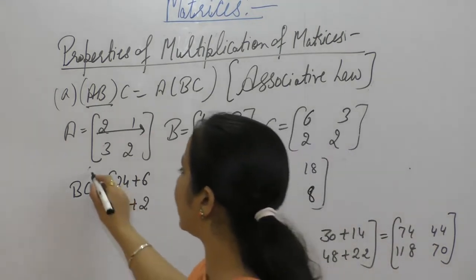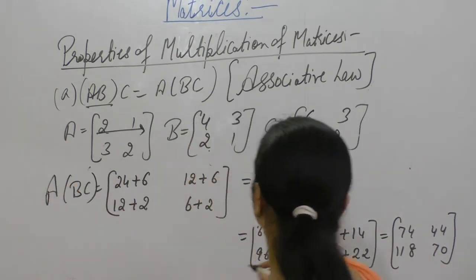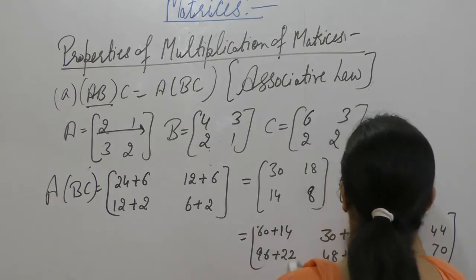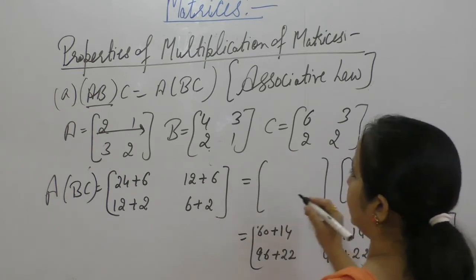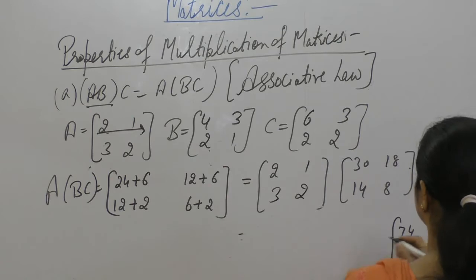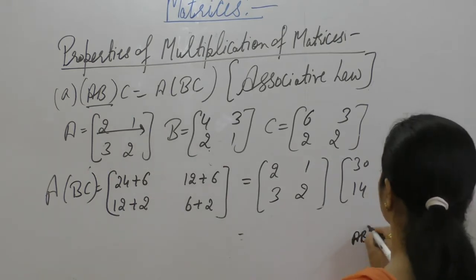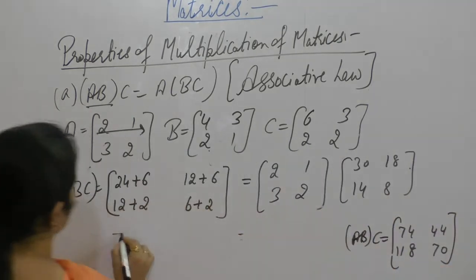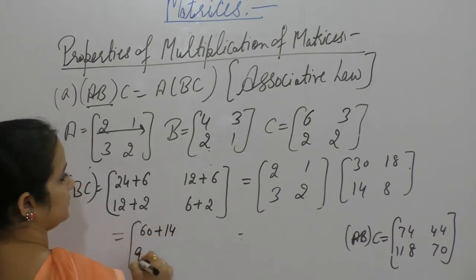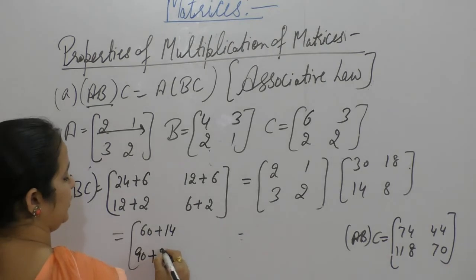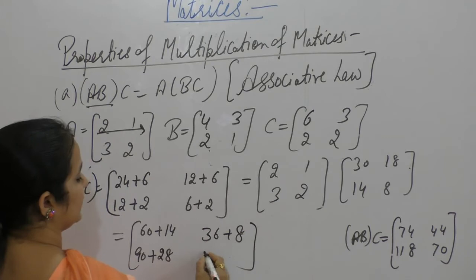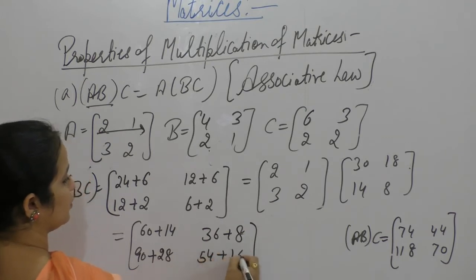Now multiply BC by A. BC is [30, 18; 14, 8] and matrix A is [2, 1; 3, 2]. Multiply these matrices: 2 into 3, 14 into 1, 3 into 30, 2 into 14, 18 into 2, 1 into 8, 18 into 3, 8 into 2.